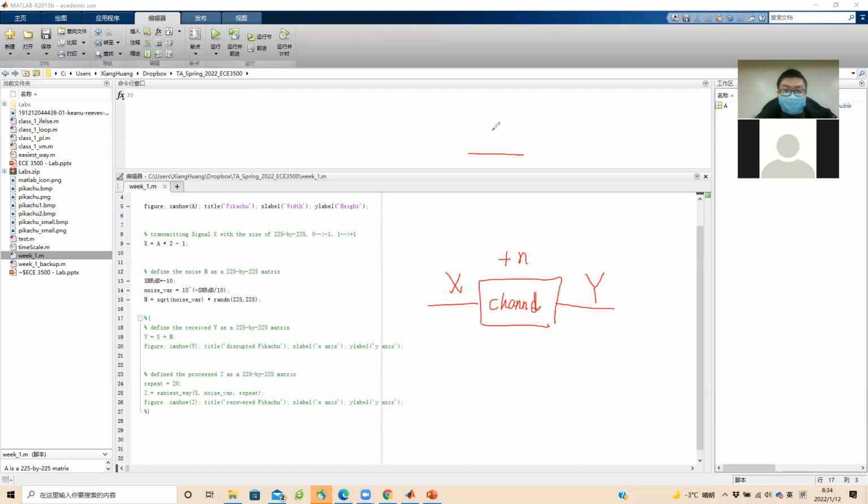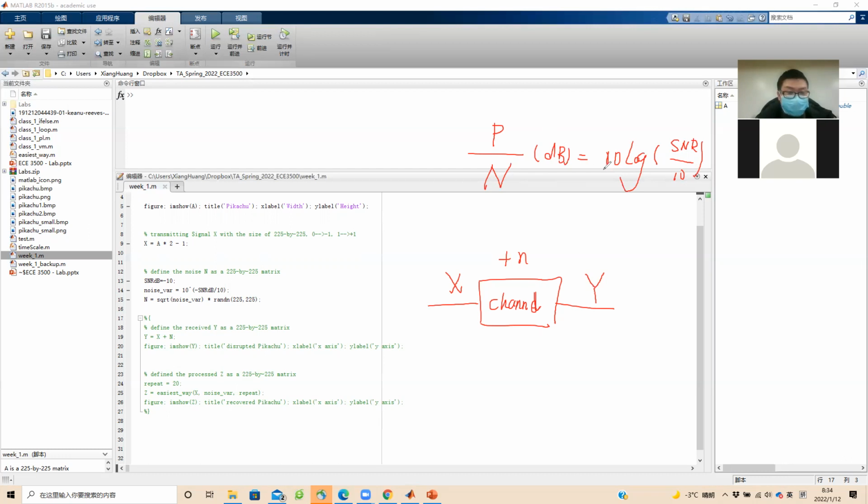Suppose that the transmitted signal power is P and the noise power is N, and in dB it is 10 log of P over N. The SNR is then divided by 10.